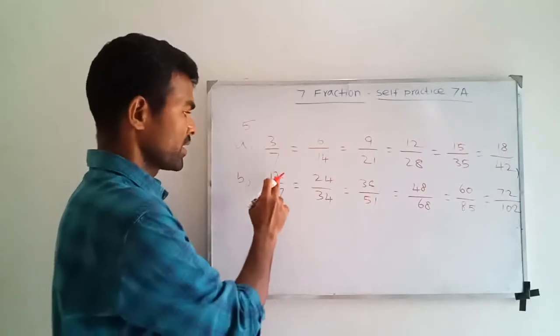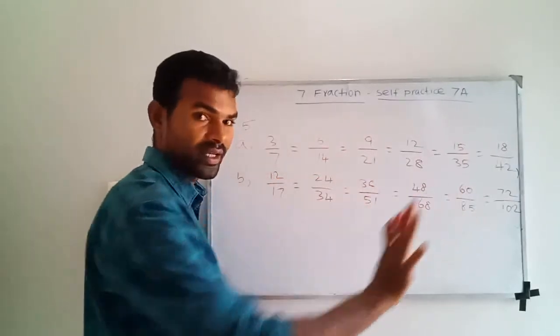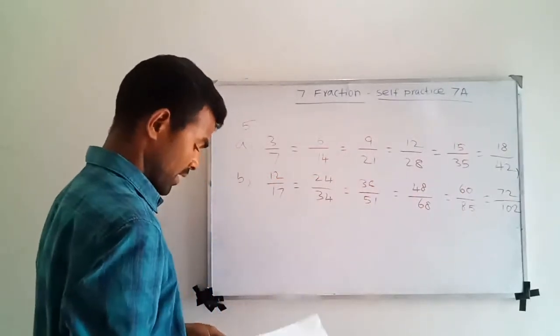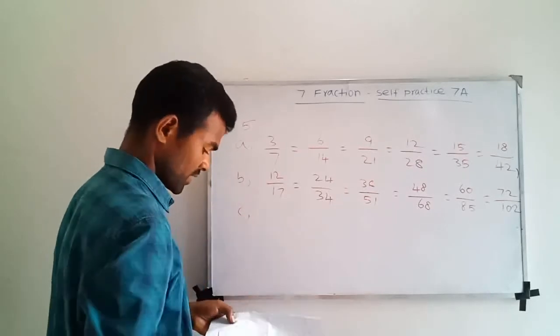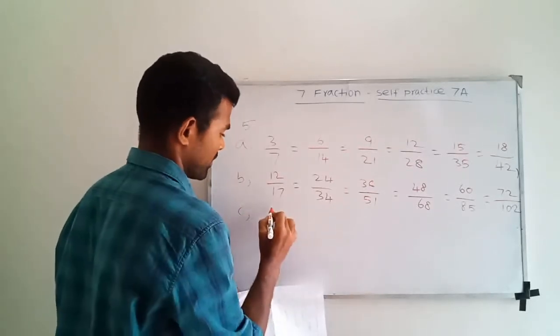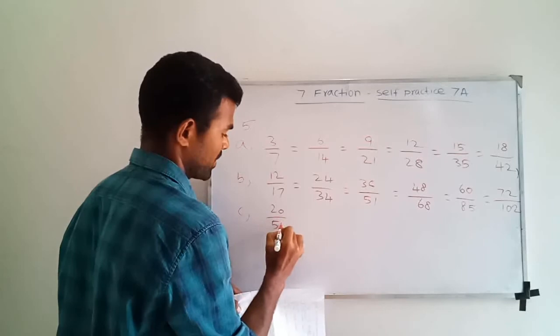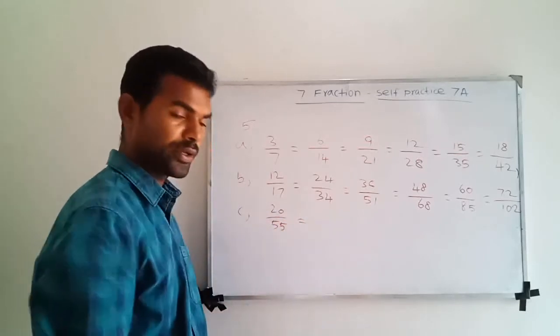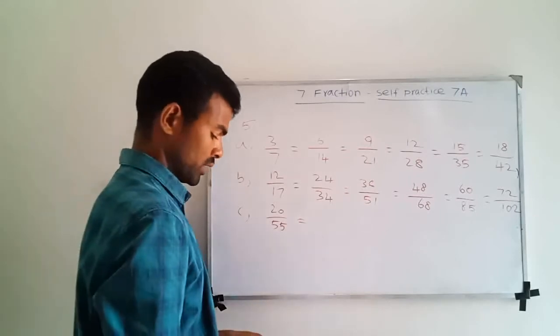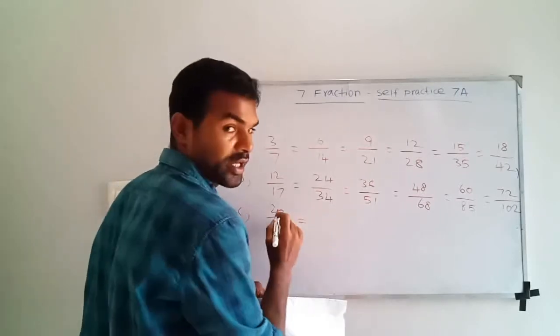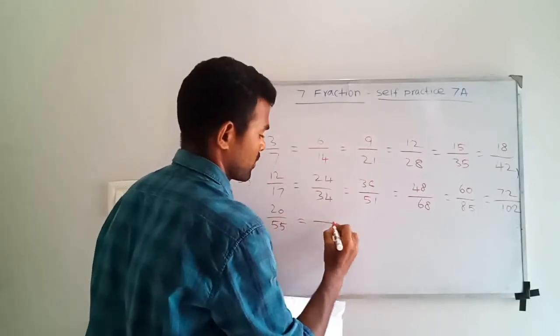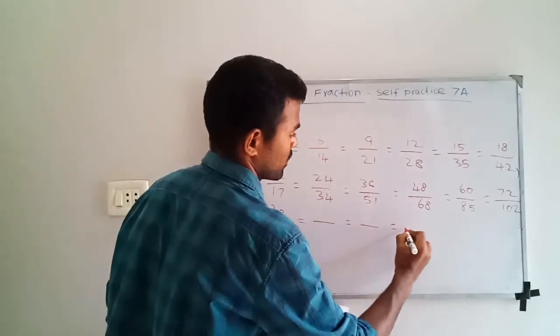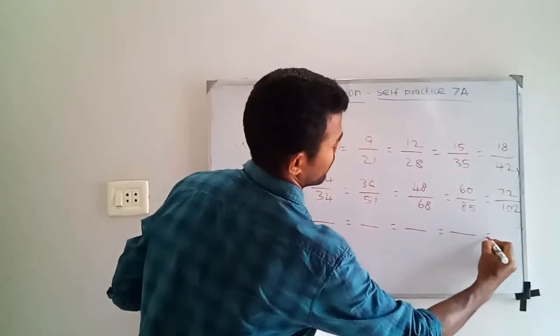Yes, understood? 12 table, 17 table, 5 numbers. And C, 20 by 55. Write this 20 by 55, 5 equivalent fractions. The 20 table, like 1, 2, 3, 4, 5.